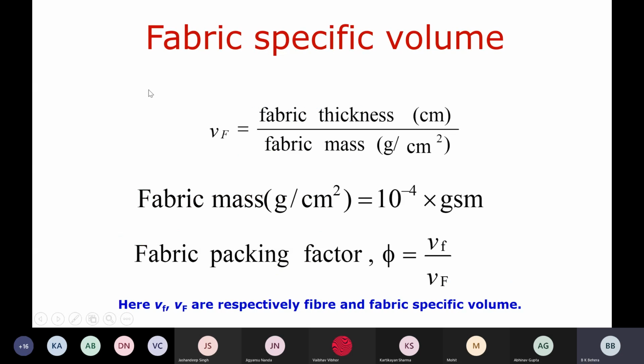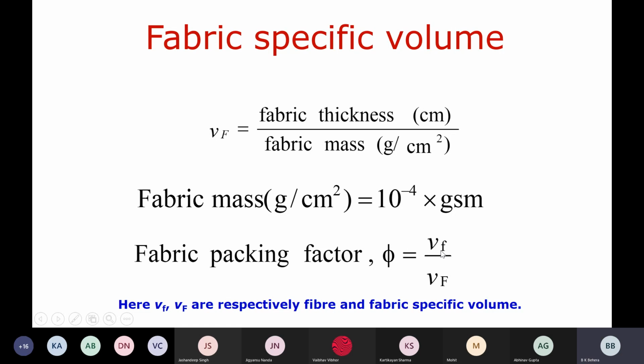Fabric specific volume: if you know the mass and you know the volume, you can find out the specific volume, that is fabric thickness divided by fabric mass. This formula also I have given you in tutorial class to all the groups, where I have assumed the fabric packing factor is the ratio vf upon VF. So vf and VF are respectively fiber and fabric specific volume.